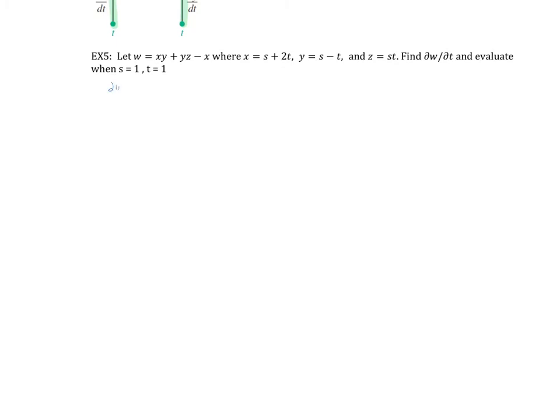So the partial derivative of w with respect to t will be equal to the partial derivative of w with respect to x times the partial derivative of x with respect to t, plus partial of w with respect to y times partial of y with respect to t, plus partial of w with respect to z times the partial of z with respect to t.